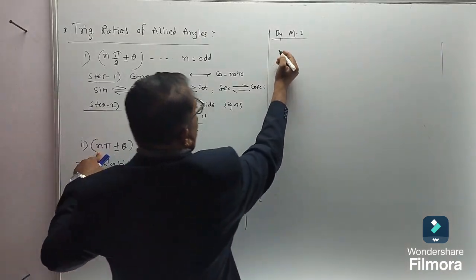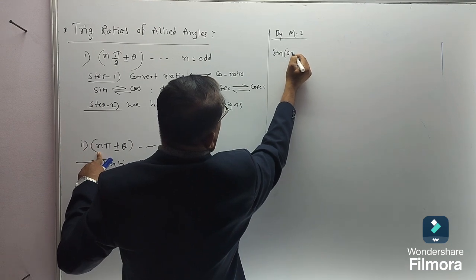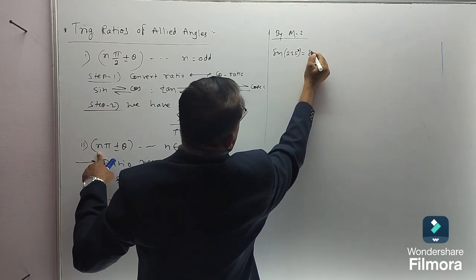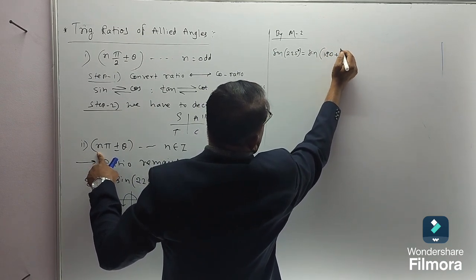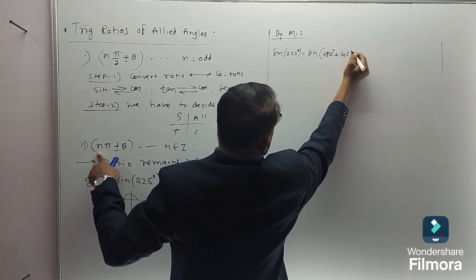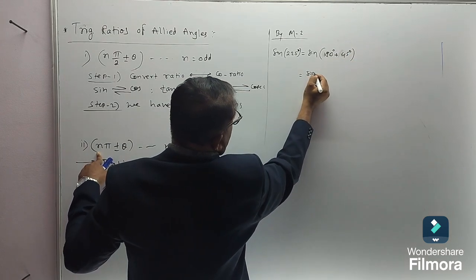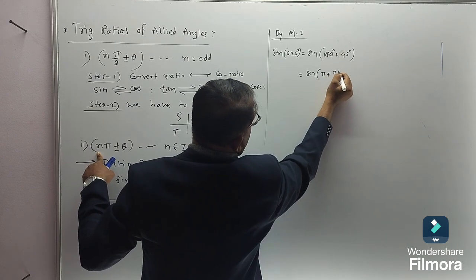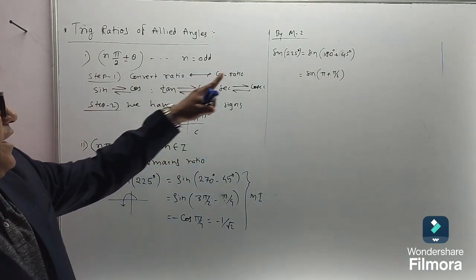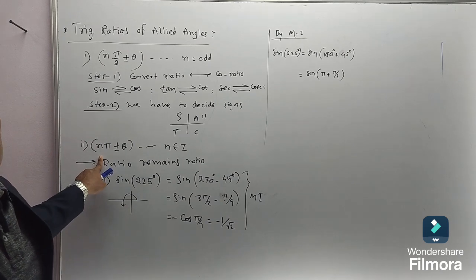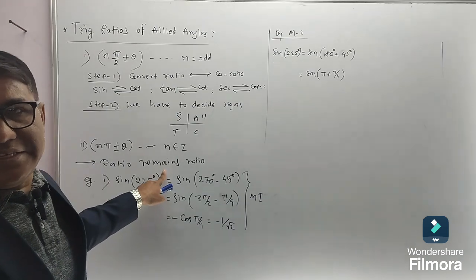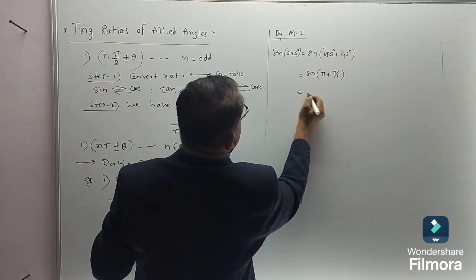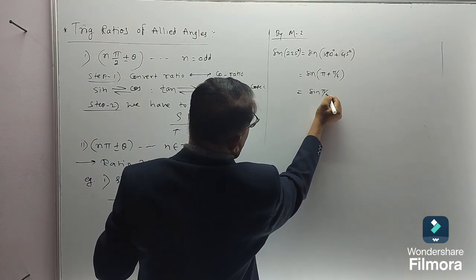Therefore, I can write sine of 225 degree is equal to sine of 180 degree plus 45 degree, which in terms of radians is pi plus pi by 4. Now the angle is in this form, n pi plus or minus theta. So what is the rule? Ratio remains ratio. Ratio does not change here. Therefore sine remains sine. This is pi by 4.